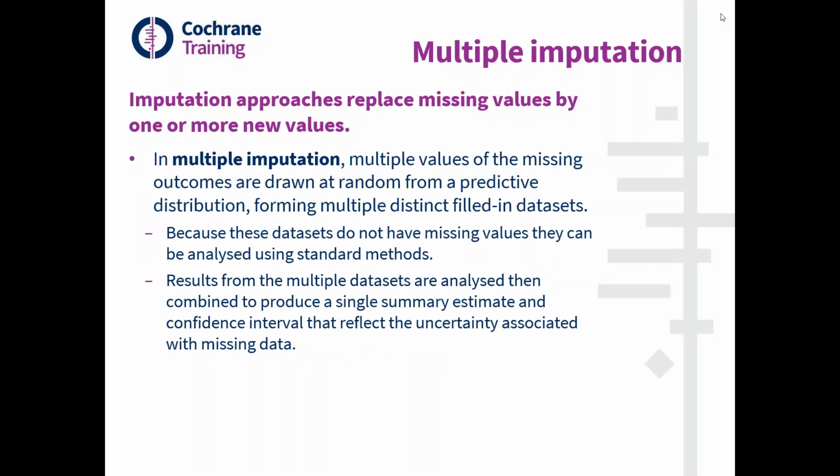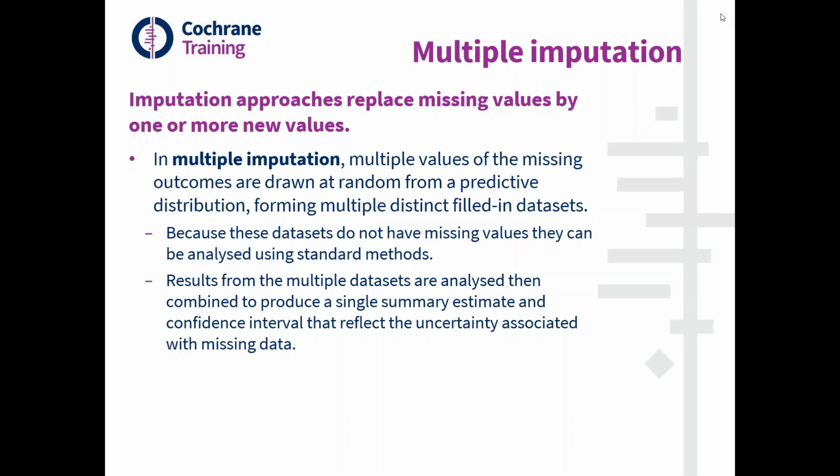Now, I'm sure that all of you, or most of you, know that these days multiple imputation is a commonly used approach to dealing with missing data. And the basis of multiple imputation is to replace missing values by multiple values in multiple data sets that are drawn at random from what's called a predictive distribution.